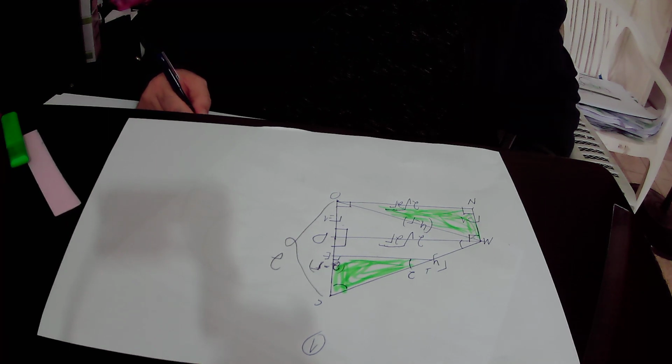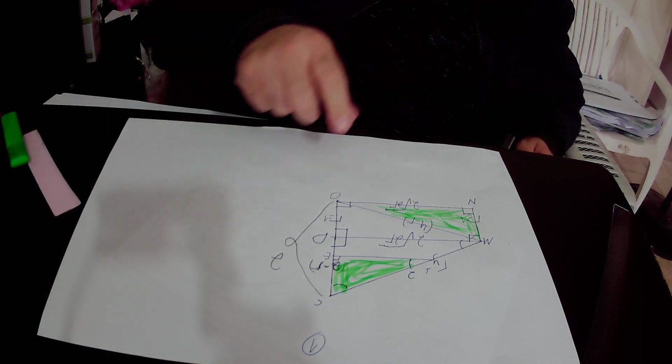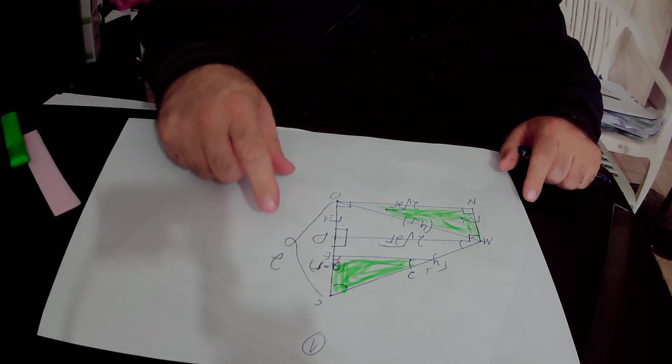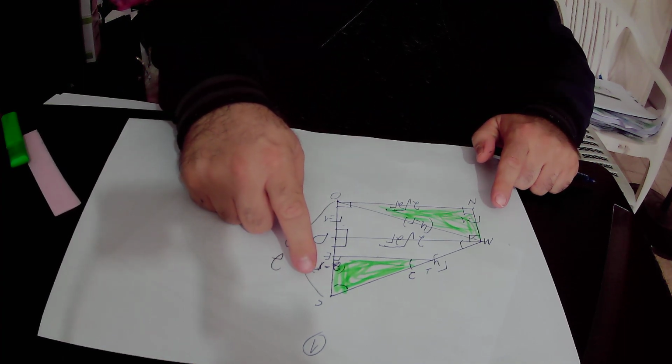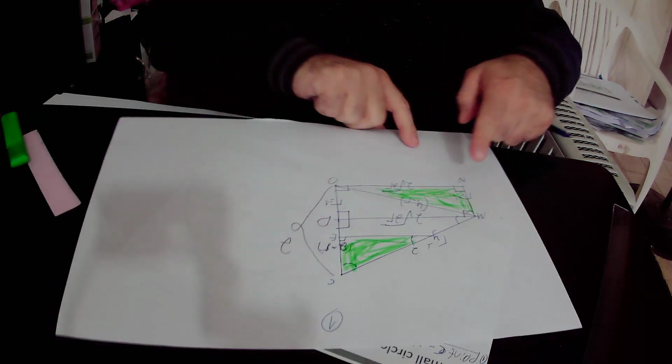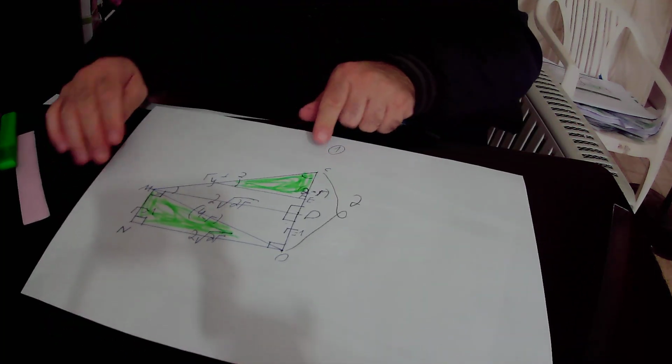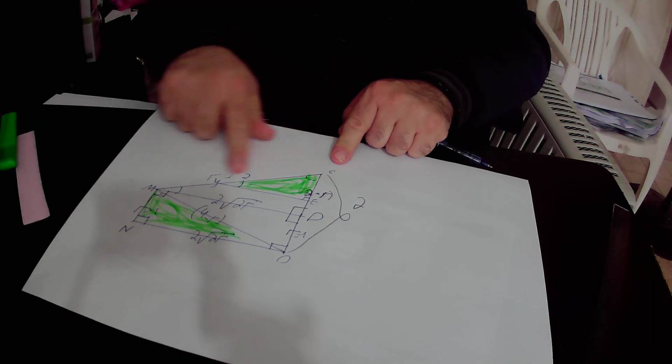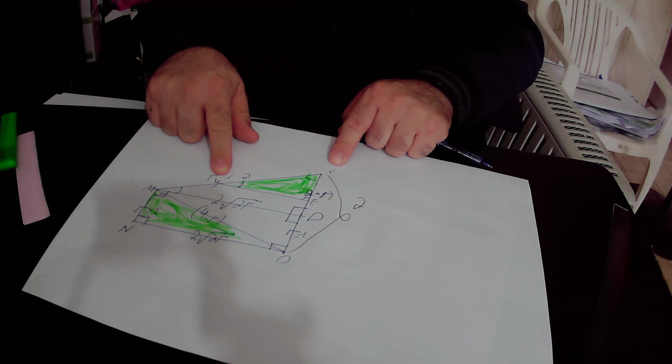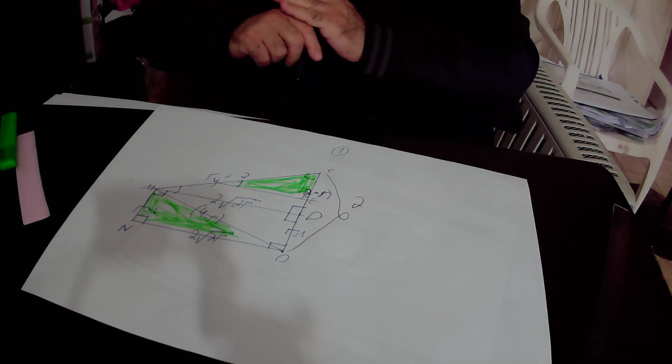It is CE over CY, and CY you can see from the drawing equals 2 units. It is the radius of the middle circle, therefore CY equals 2.